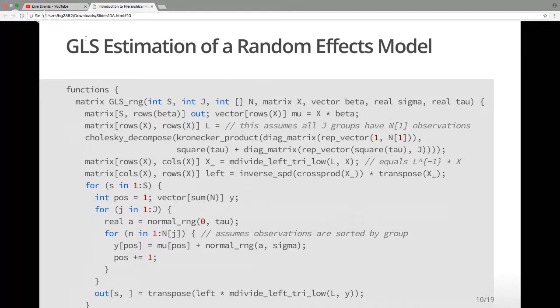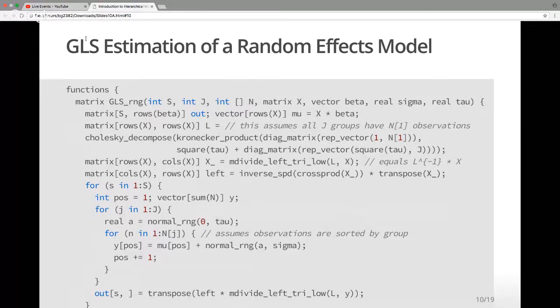We're going to loop over the S simulations that we want to do. We'll initialize pos to 1 to keep track of what position we're in. And we'll initialize a matrix Y for our outcome, whose size is equal to the sum of n, so the total of all observations across all J groups. That's initially filled in with NaN.